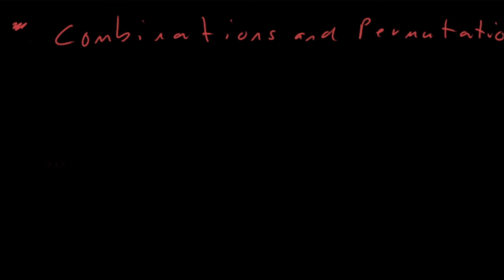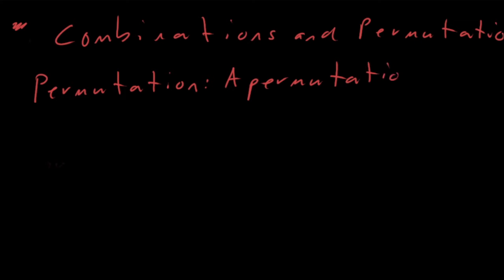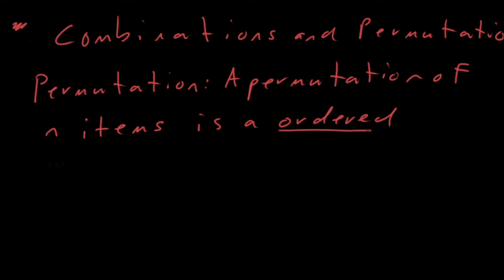All right, so a permutation of n items is an ordered, very important word there, list of those items.